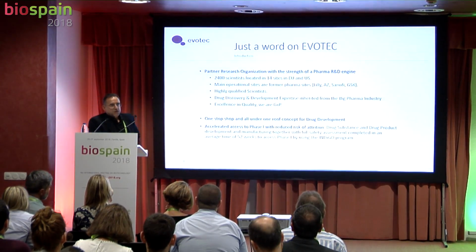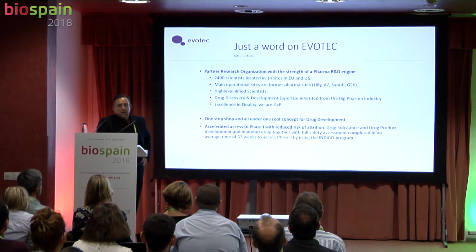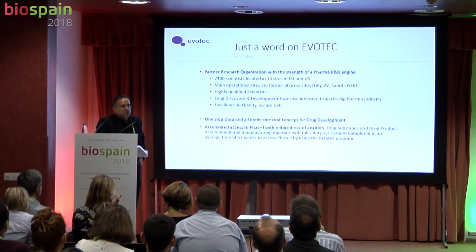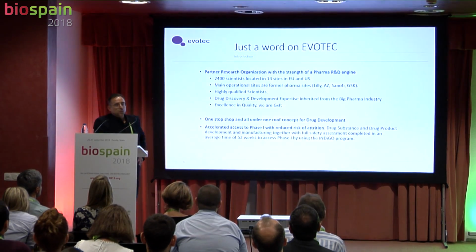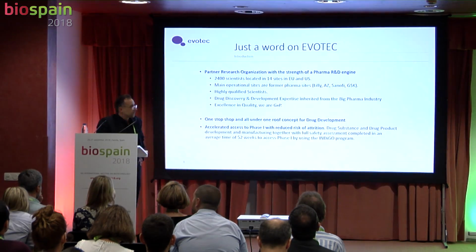Excellence in quality, and we are GXP, GLP, GCP, GMP, ISO, AAALAC, all the certifications that you can imagine. That means that we work in a very restricted environment in terms of regulatory requirements.